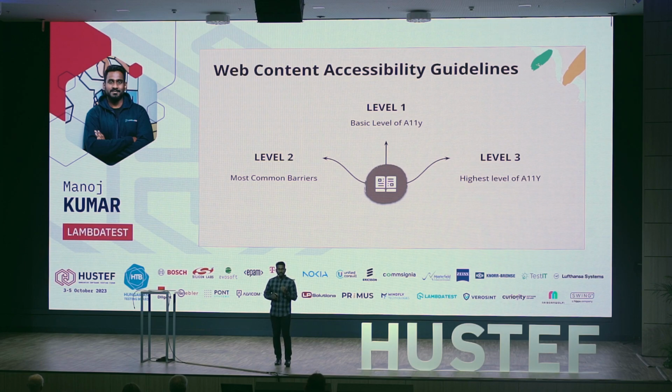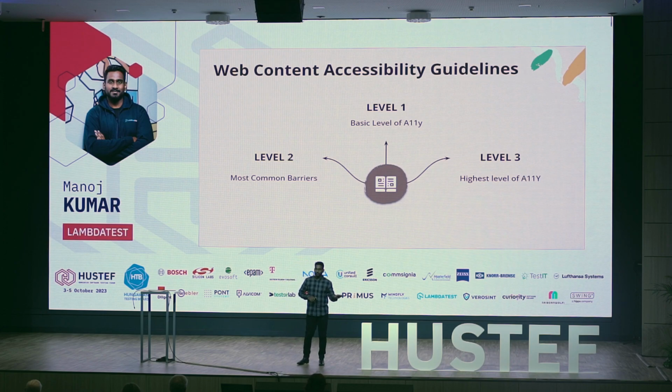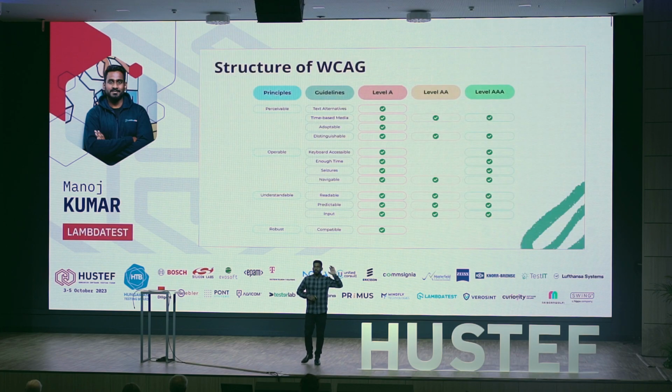So if my goal is to target a basic level of accessibility, because that's good enough when you're starting your accessibility journey, then you will be at level 1 and then level 2. And level 3 is the golden standard, where you try to achieve the highest possible level of accessibility that has ever been formed.